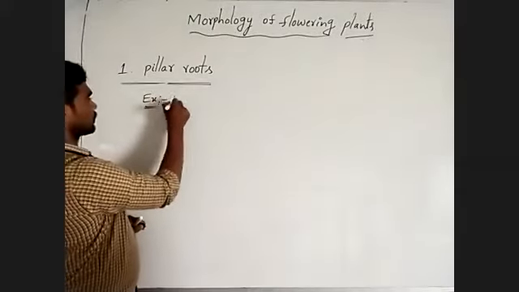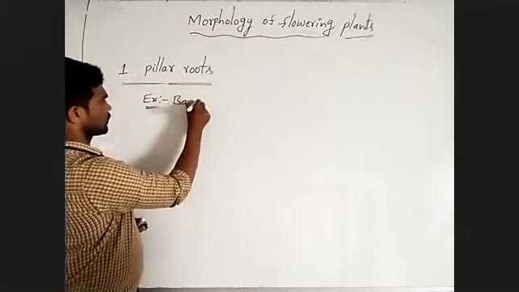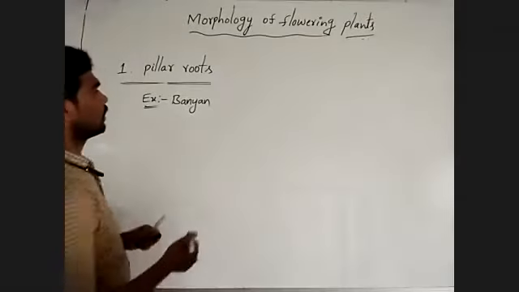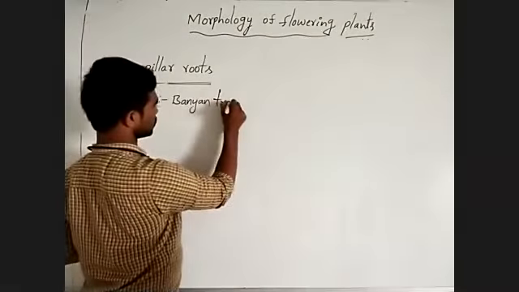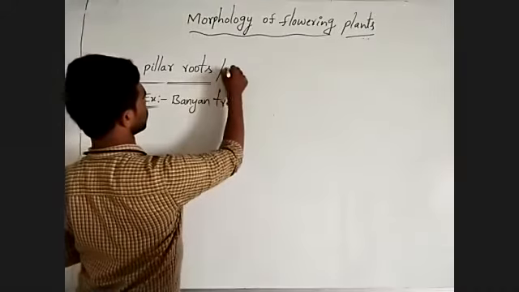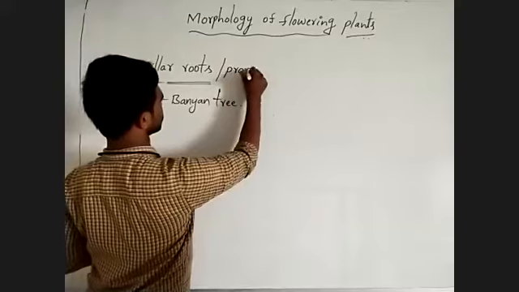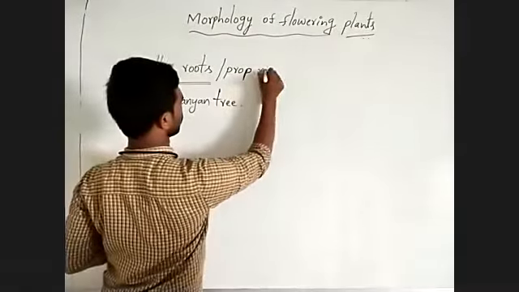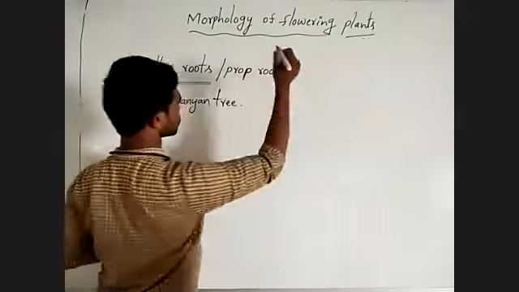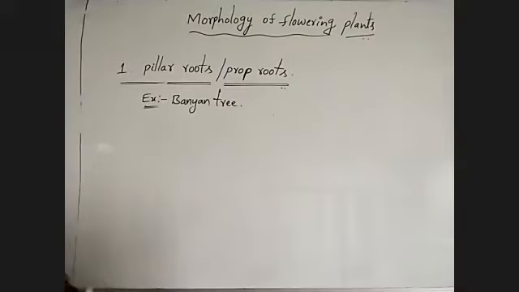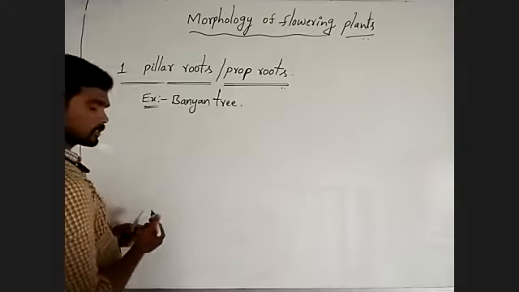Example, banyan tree. These are also called prop roots. Pillar roots are prop roots. Okay, what are the pillar roots?